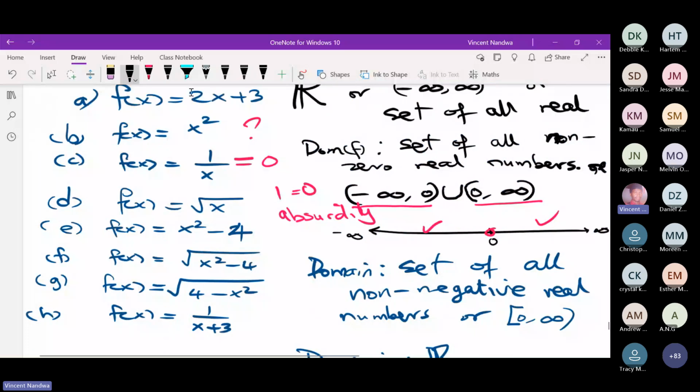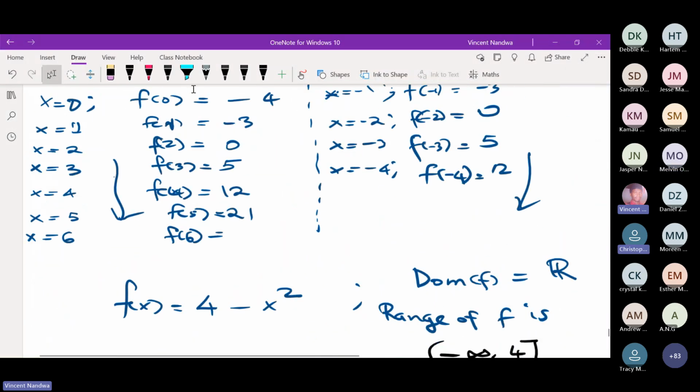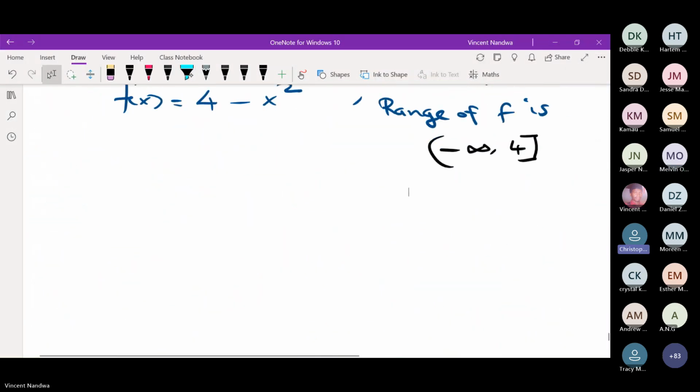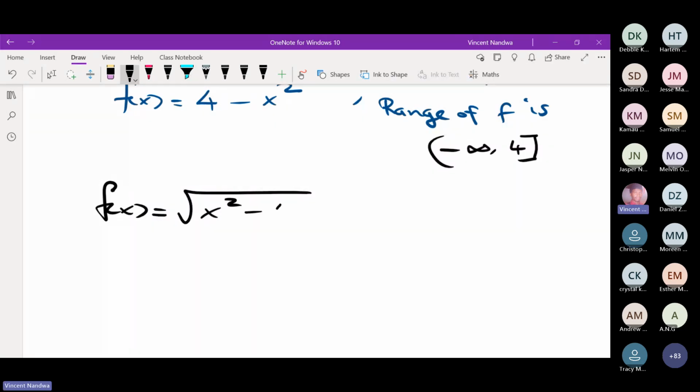Good. And then the other question is the square root of x squared minus 4. So please, these are some of the key highlights that can help you to deal with such kind of problems.